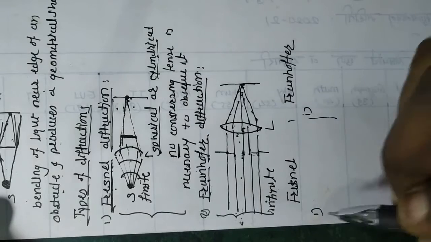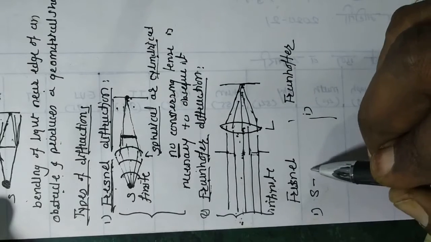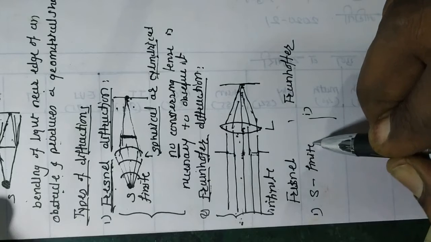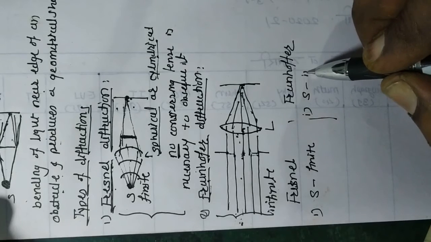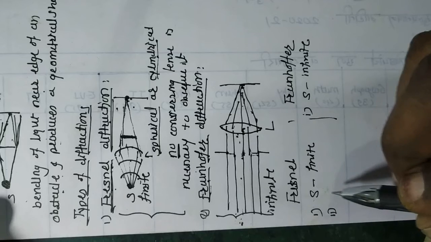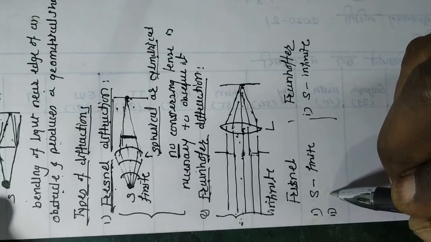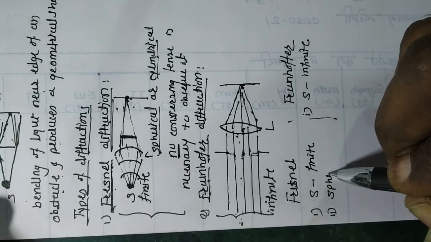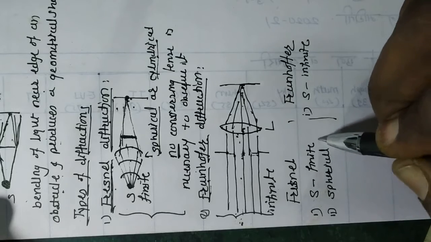First, source of light is at finite distance. Source of light is at infinite distance. Second one, incident wavefront is spherical or cylindrical.